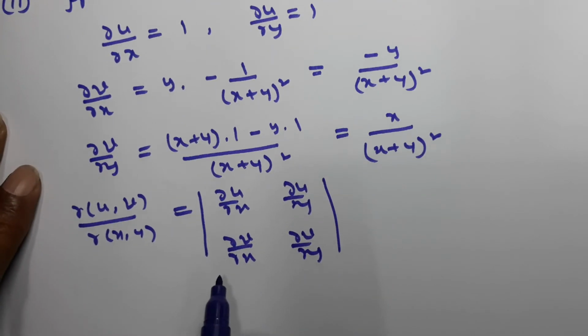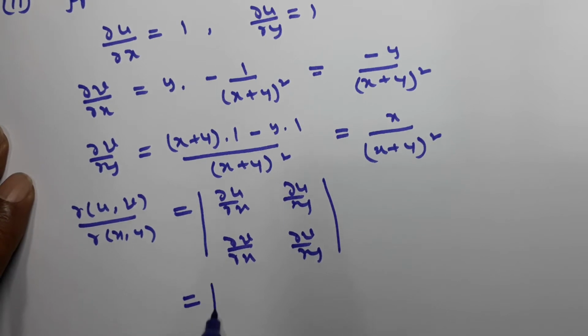Substitute: dou u by dou x is 1, dou u by dou y is 1, dou v by dou x is minus y divided by (x plus y) whole square, dou v by dou y is x by (x plus y) whole square.